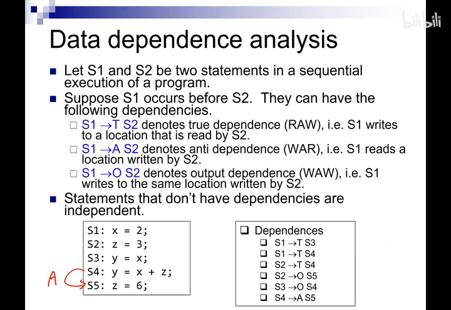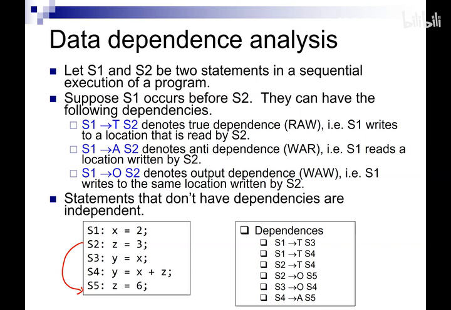And lastly, we have some output dependencies. For example, we have an output dependence between S2 and S5. They both write to the same memory location, and if you switch their order, then you're going to get a different value for Z.